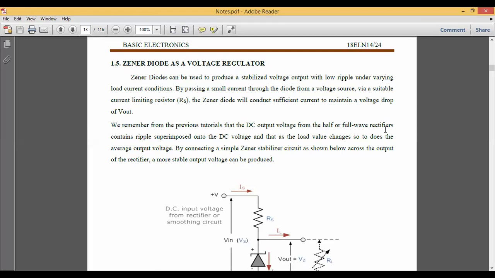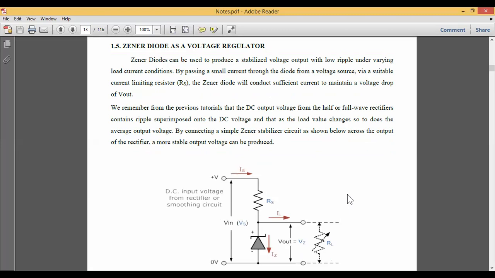Another thing is that it is also possible for DC voltages, but to have a DC voltage you need to convert an alternating current to a direct current. How is this possible? By making use of either a half wave rectifier or a full wave rectifier.